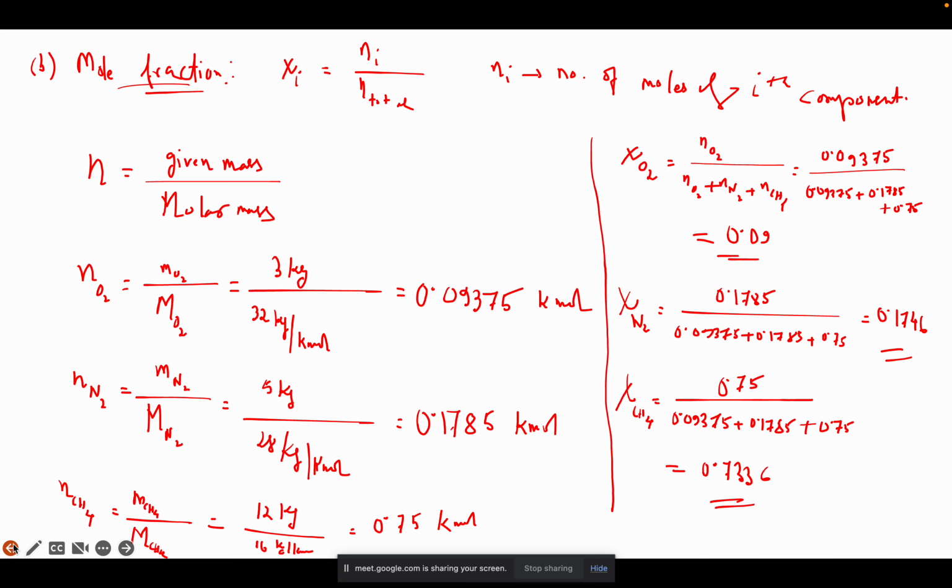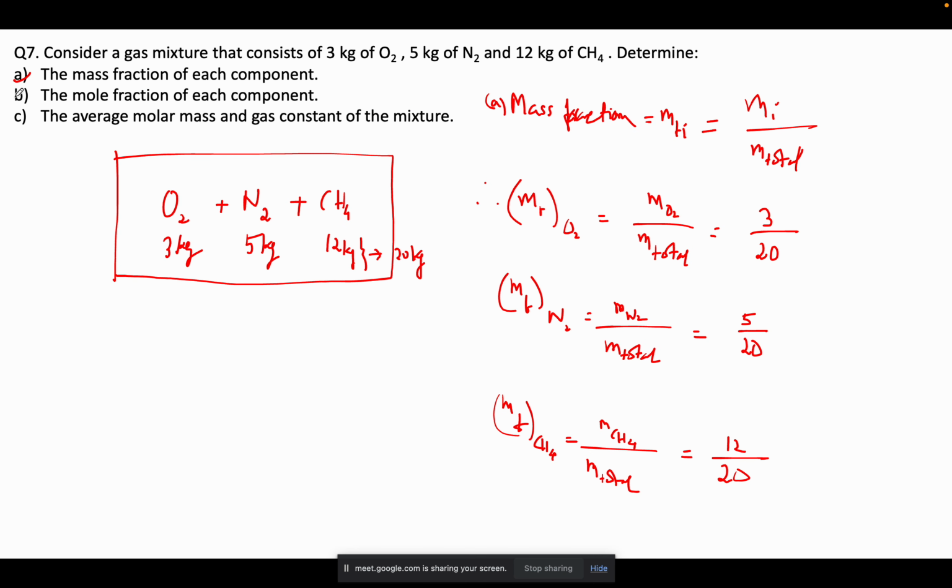Now the next question: this one done, this one done. So calculate the average molar mass and gas constant of the mixture.